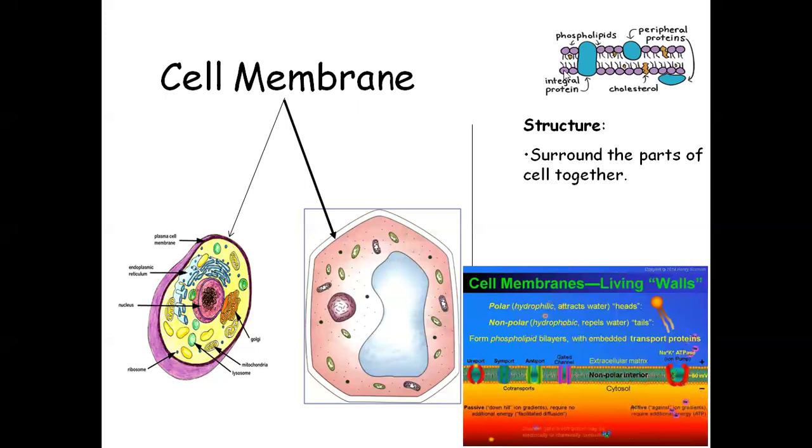You can see two layers of phospholipids are there, each with a head and a tail. And these are the two lipid layers. In between them, they have the proteins. This is the integral protein, and this one is the peripheral protein. They have certain functions.